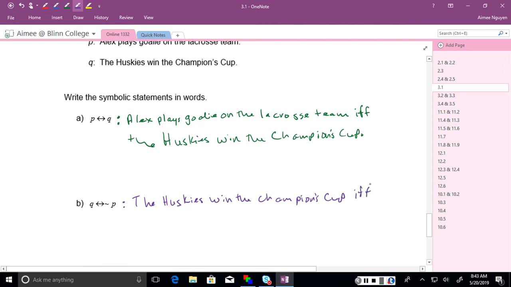And this time we want Alex to not play goalie, right? So the Huskies win the Champions Cup if and only if Alex does not play goalie on the lacrosse team.